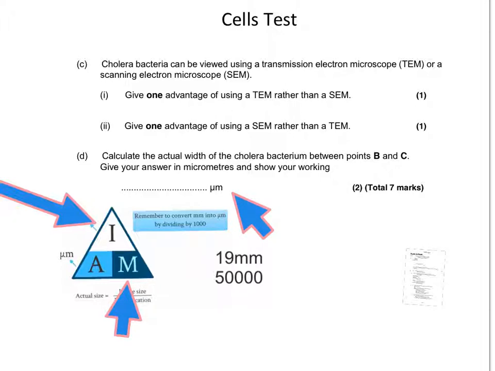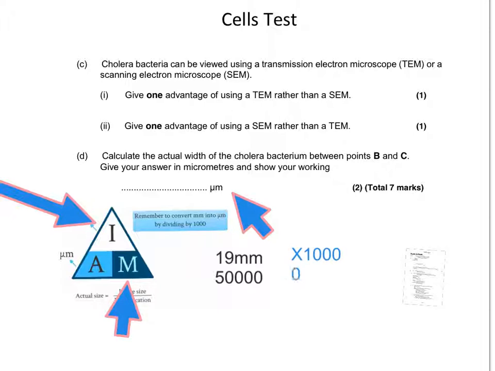So your answer, you have basically got to times it by 1,000. So you always times by 1,000 if you want to work out micrometers. And in this case, in my answer, I've got 0.38. So my answer is 0.38.